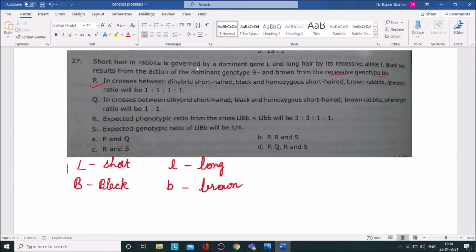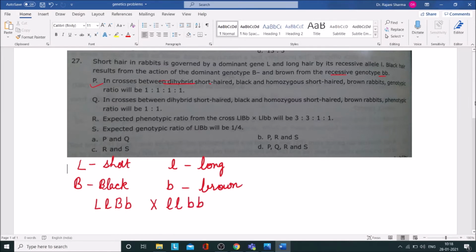Now come to the first statement. The first statement says that in crosses between dihybrid short-haired black and homozygous short-haired brown rabbits, the genotype ratio will be 1:1:1:1. So what does this mean? Dihybrid means heterozygous, or we can say capital L small l, capital B small b, is crossed with small l, small b.